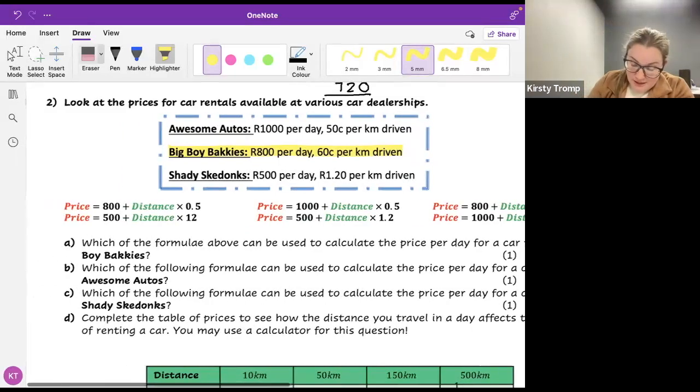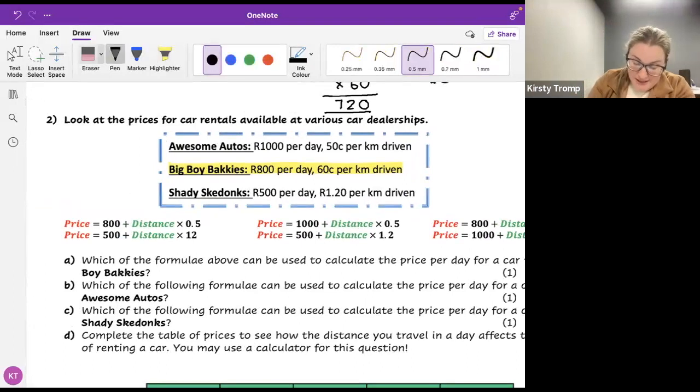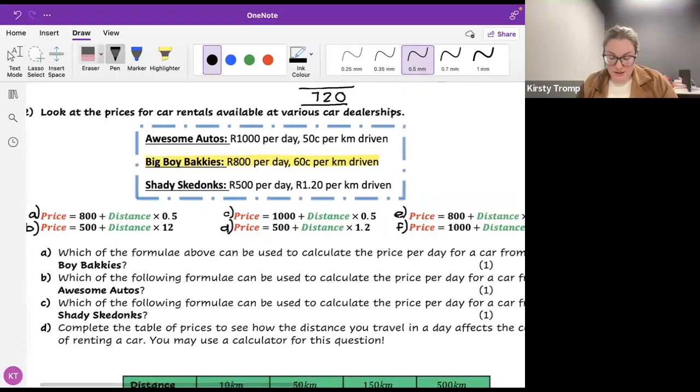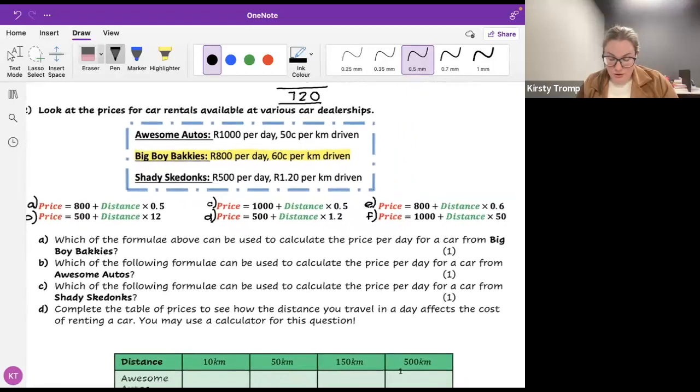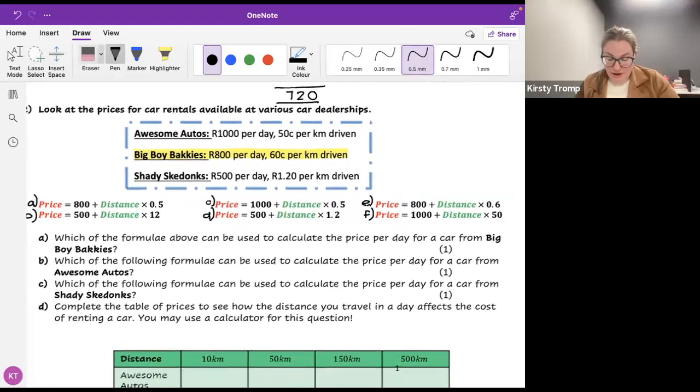I'm going to give these some letters for you, so it makes it a little bit easier when you're answering. I'm going to call this A, this one B, this one C, D, E, and F. And what I want you to do is match that one up for me.